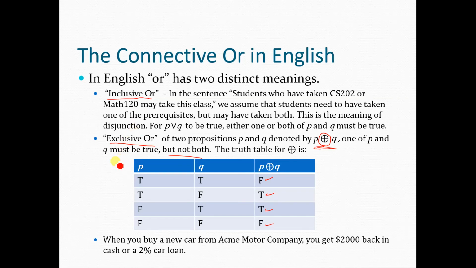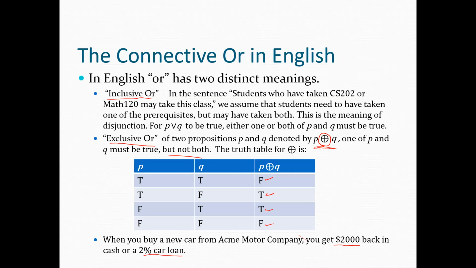So there is an example to have deep understanding of this exclusive or. When you buy a new car from Acme Motor Company, you can get $2,000 back in cash or 2% car loan. So you cannot get both at a time. So either you will get $2,000 cash back or you will get 2% car loan.